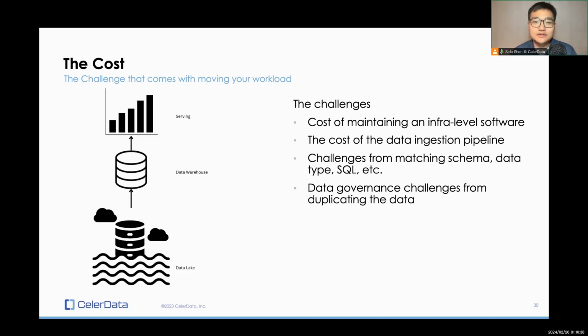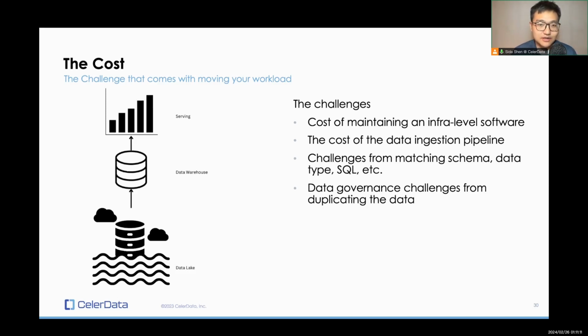And maintaining the data ingestion pipeline can be very difficult because they tend to break. And there are a lot of pipelines you're trying to maintain if you're moving a lot of workloads, which can be troublesome as well. It elevates the problem. There are also challenges from schema design, a whole new set of schema design in your data warehouse, and matching that with your data lakehouse storage system can be really labor intensive.